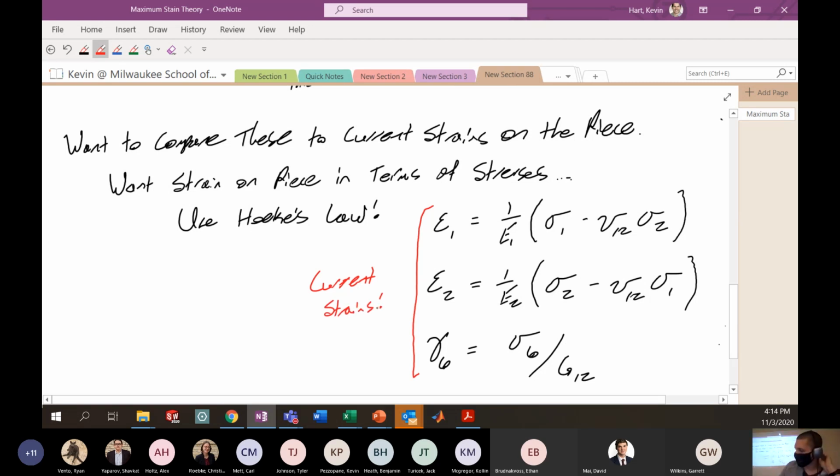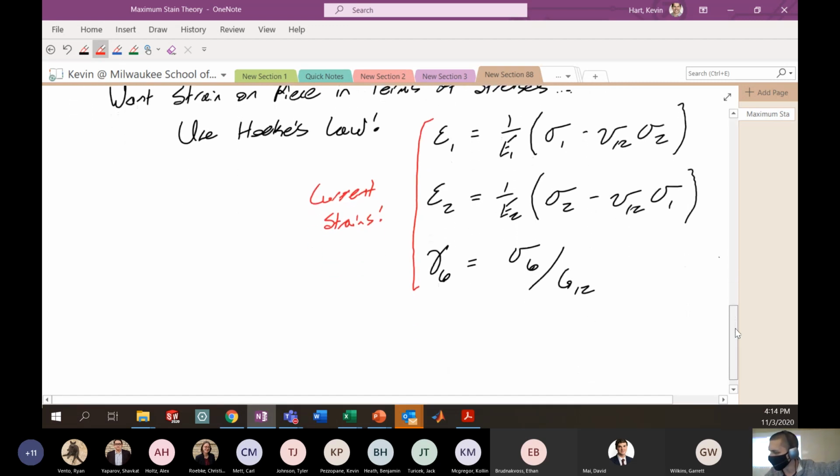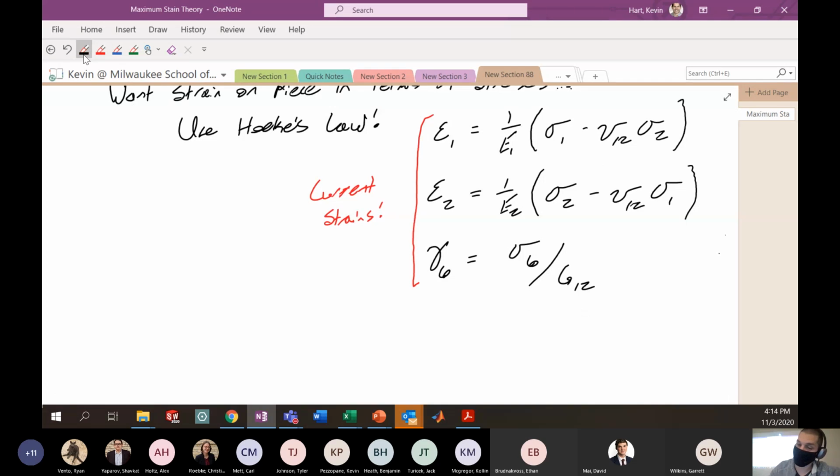Okay, so we're going to compare these current strains to what we saw above, which was the strains that would cause failure. But we're going to write this in terms of stresses because the stresses are more or less what we know. We know failure stresses from our calculations from last time. So it's just a little bit easier to write everything in terms of the stresses, even though this is an analysis of the strain.